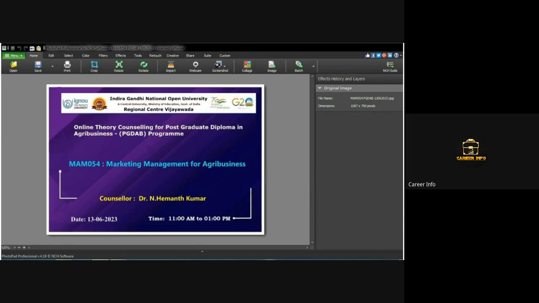Fifth one is political environment. Sixth is cultural environment, and the seventh one is legal environment. So these are the seven types of different environments under macro environment, which are going to influence as one of the greatest factors of agricultural marketing.